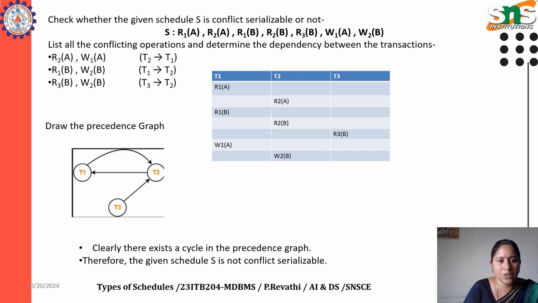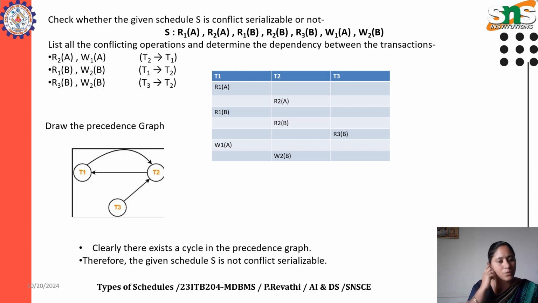R1(B), W2(B): T1 to T2. R3(B), W2(B): T3 to T2.